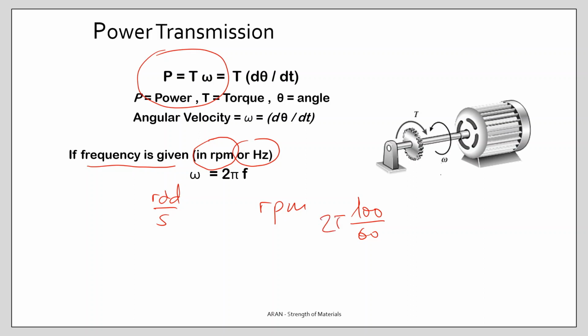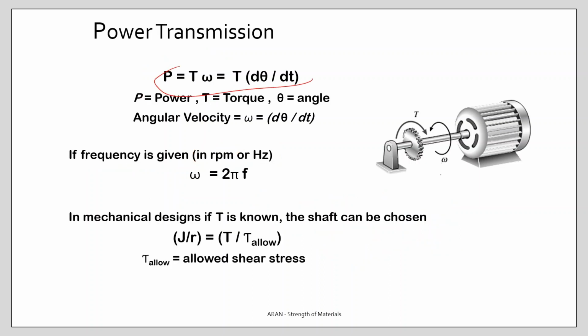If you multiply it with 2 pi, which is the radians per one rotation, you will get your radians per second unit conversion. With the help of this formula, we can determine the torque if we know the power and the angular speed.